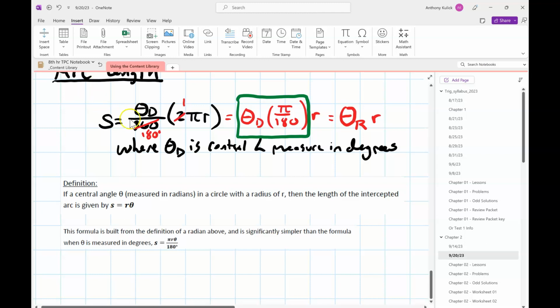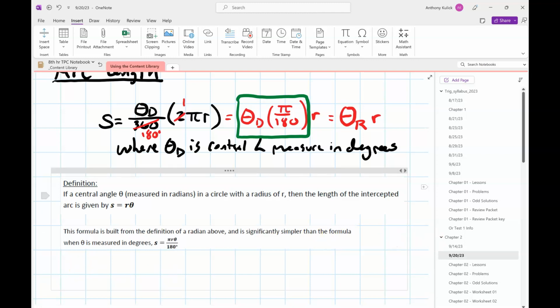When I write these, I always put a little subscript on my theta on problems where it could be radians or degrees, just to remind myself which one I'm using. So I put a little r on the bottom of this theta and a little d at the bottom of that theta to remind myself that that's an angle in radians and an angle in degrees. You don't have to do that, but I like to.